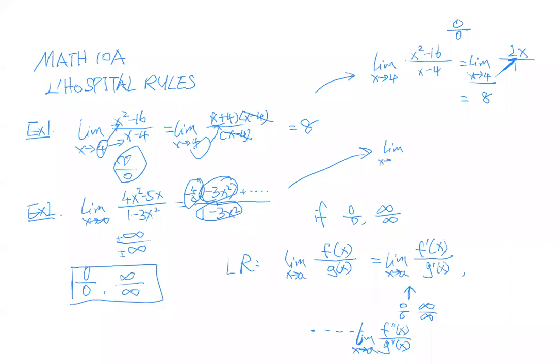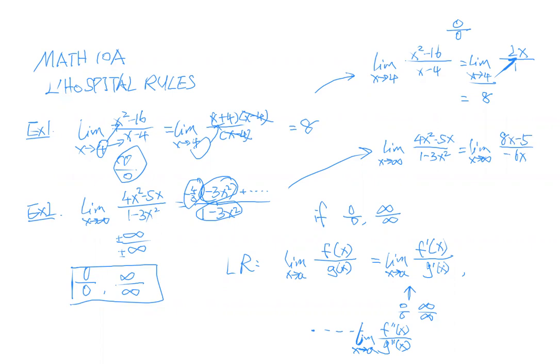For this one, it's even better. If x goes to infinity, for (1 minus 3x squared) over (4x squared minus 5x), you take the derivative, what do you get? You get negative 6x over 8x minus 5.